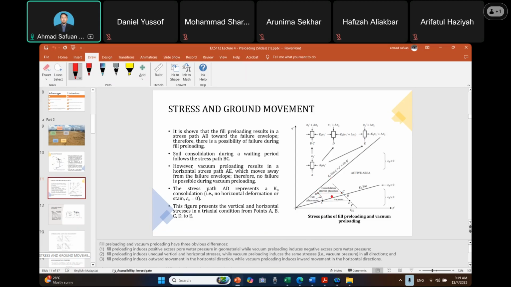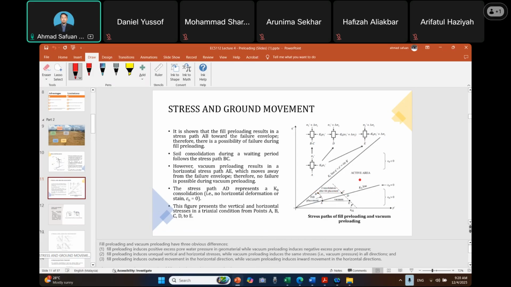So we need to understand this failure line and make sure that it doesn't cross the failure line. After we place the fill, we allow the consolidation to happen along the BC line.